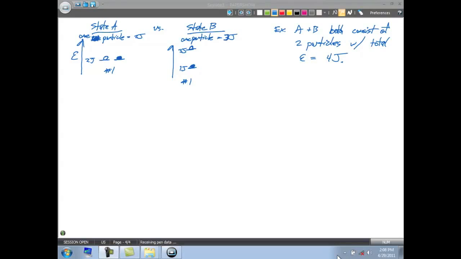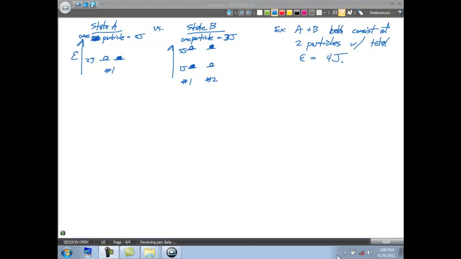But there's also another way that we can represent these two particles in state B. In state B, the first particle can now have an energy of 1 joule, and the second particle can have an energy of 3 joules. So this is a second microstate that will give us the same energy as the first microstate did.